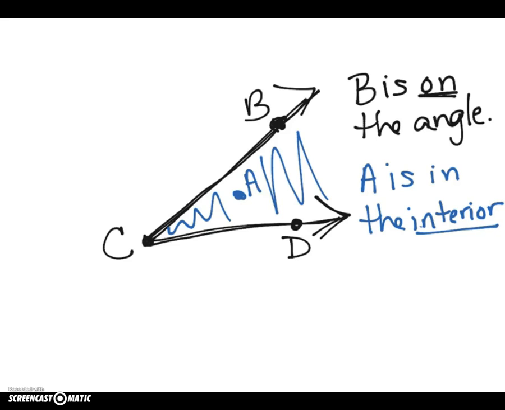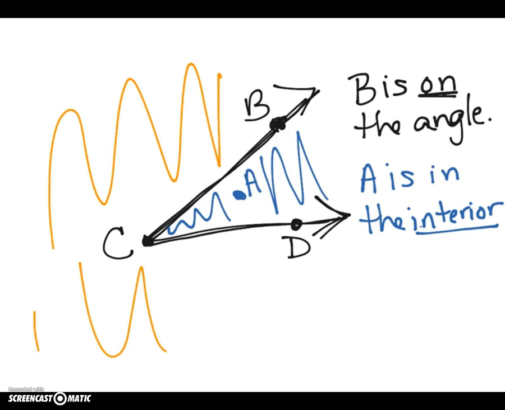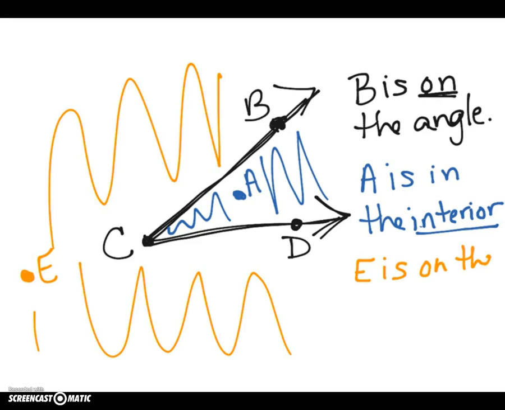And then we also have all of this space on the outside here that goes around the angle. And so that is the exterior. So if I had a point E, we would say E is on the exterior of the angle.